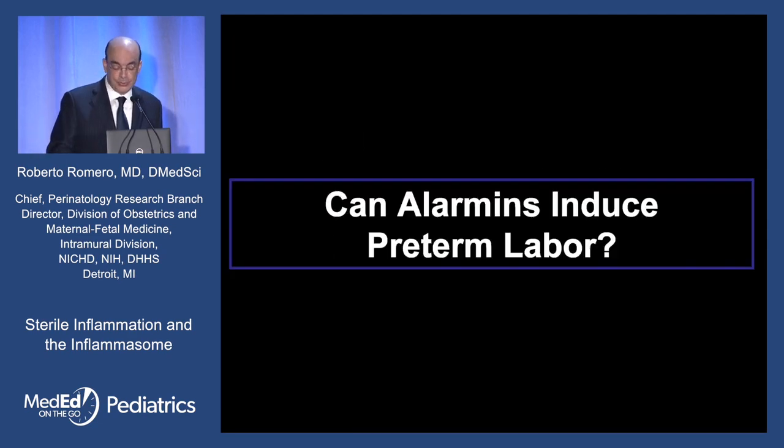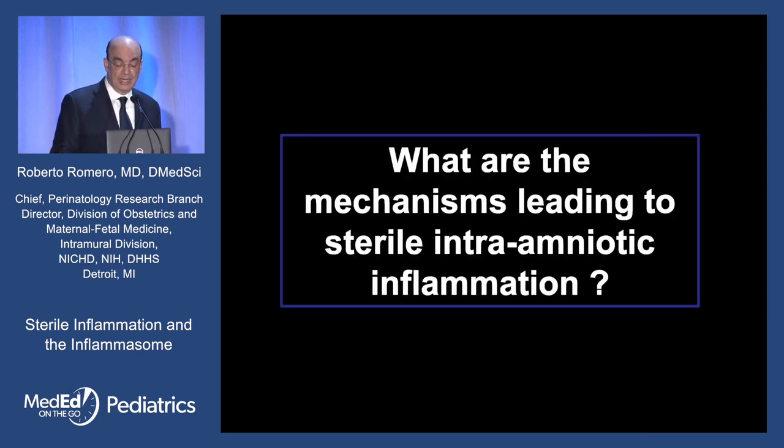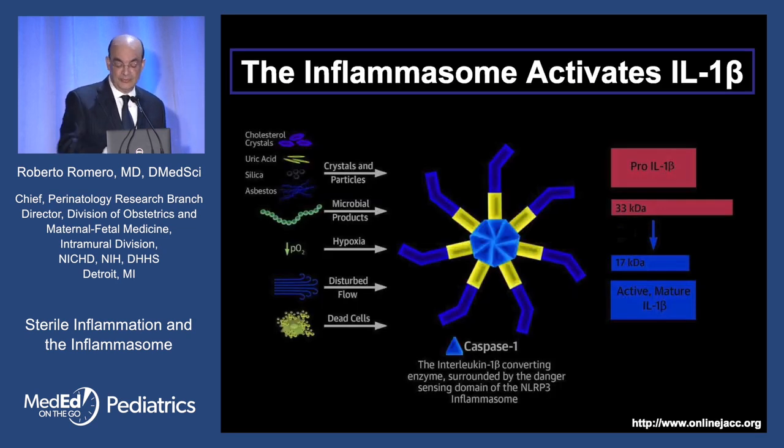Now, can alarmins induce premature labor? Here is an experiment in mice in which we did an amniocentesis, injected HMGB1, and 50% of them delivered preterm. What are the mechanisms whereby sterile intra-amniotic inflammation induces premature labor? Here is the inflammasome and how it works.